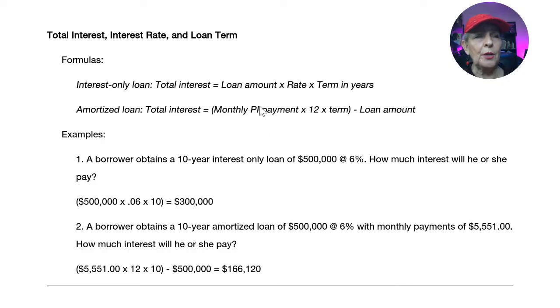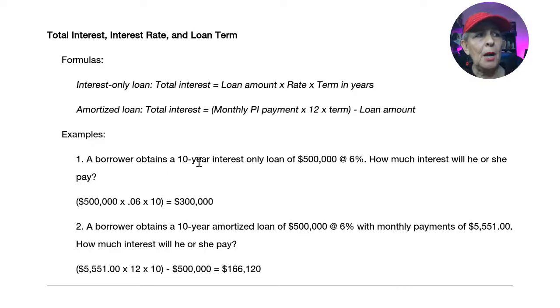Okay, so here they're paying principal and interest. Pardon me, I said some of these interest loans, they don't pay any principal. And this one, they are. So the amortized loan is total interest equals monthly principal and interest, that's PI, payment, times 12 times the term, minus the loan amount.